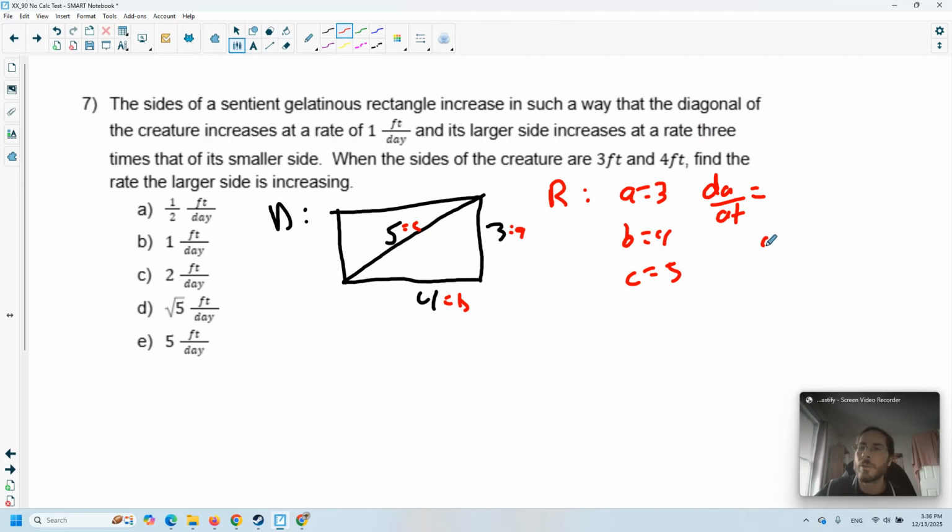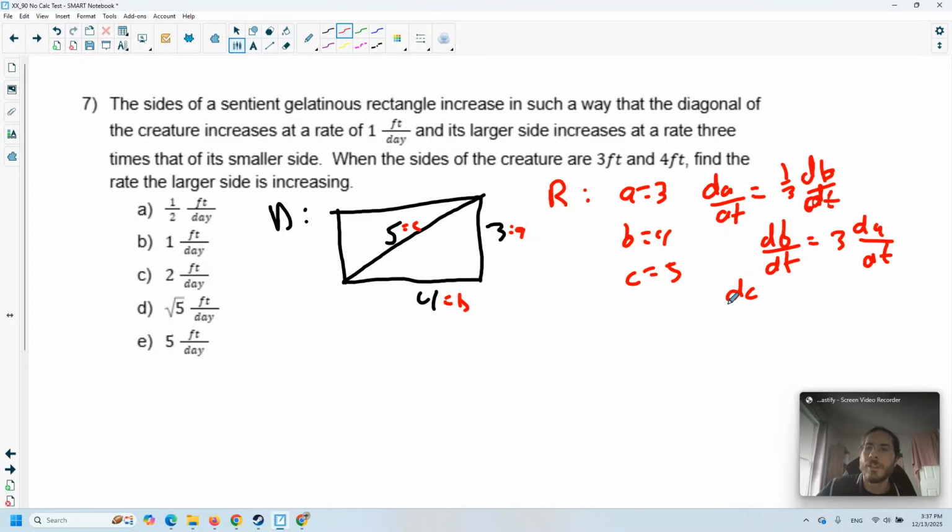So we know dB/dt is going to be 3 times dA/dt. If we divide both sides by 3, dA/dt is 1/3 dB/dt.